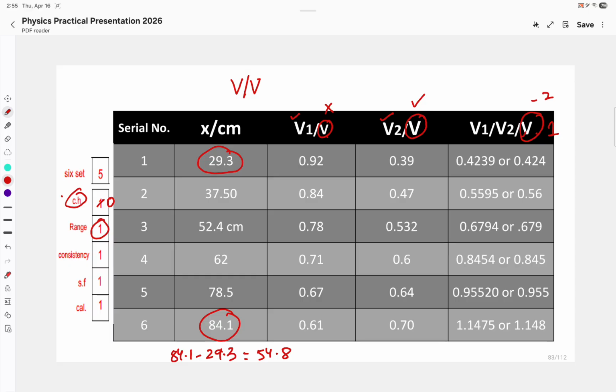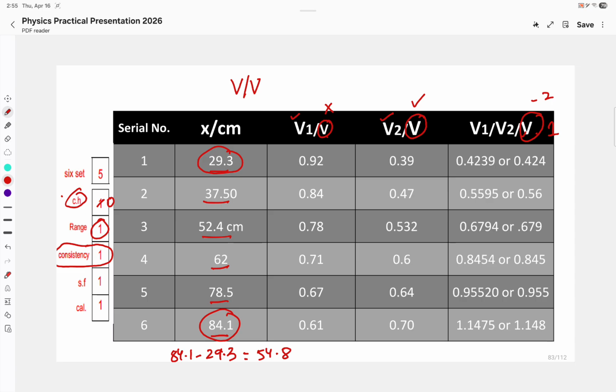And what is that? When you are putting values, the values must be consistent according to the precision of an instrument. The consistency mark will be awarded for writing the value of a measured quantity.